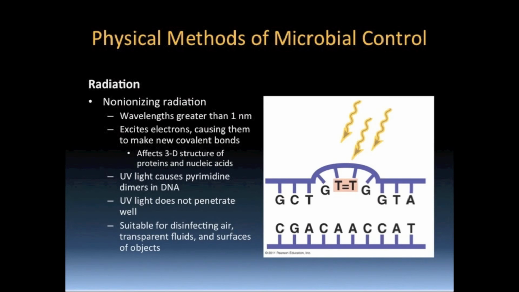UV lights are used for disinfection in food preparation areas, hospital rooms, and schools, and has also been used to disinfect liquids. Liquids must be passed in a thin film that is directly exposed to a UV lamp to effectively disinfect the liquid. UV lamps have been used to disinfect wastewater and water at city pools.